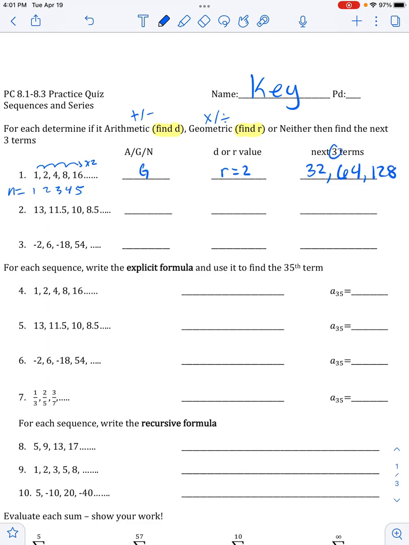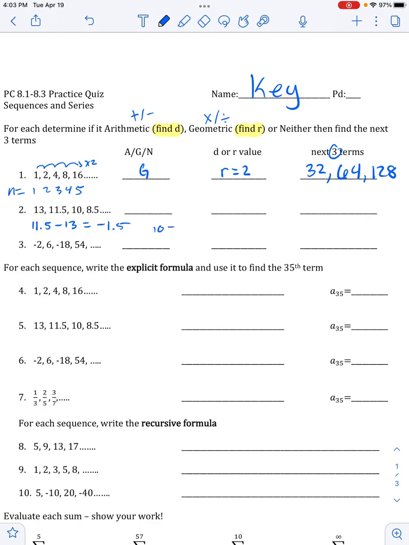Just kidding. In the next one, it's not obvious to me what's going on. So what I can do is check for a common difference if I'm going to go arithmetic first, by taking any term and subtracting the one in front of it. So if you do 11 and a half and you subtract 13, you get negative 1.5. Then you have to make sure that that continues to be true.